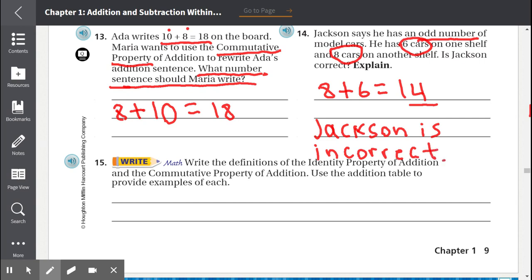He has 14 toy cars in total. So 14 is an even number, not an odd number. Okay, number 15.